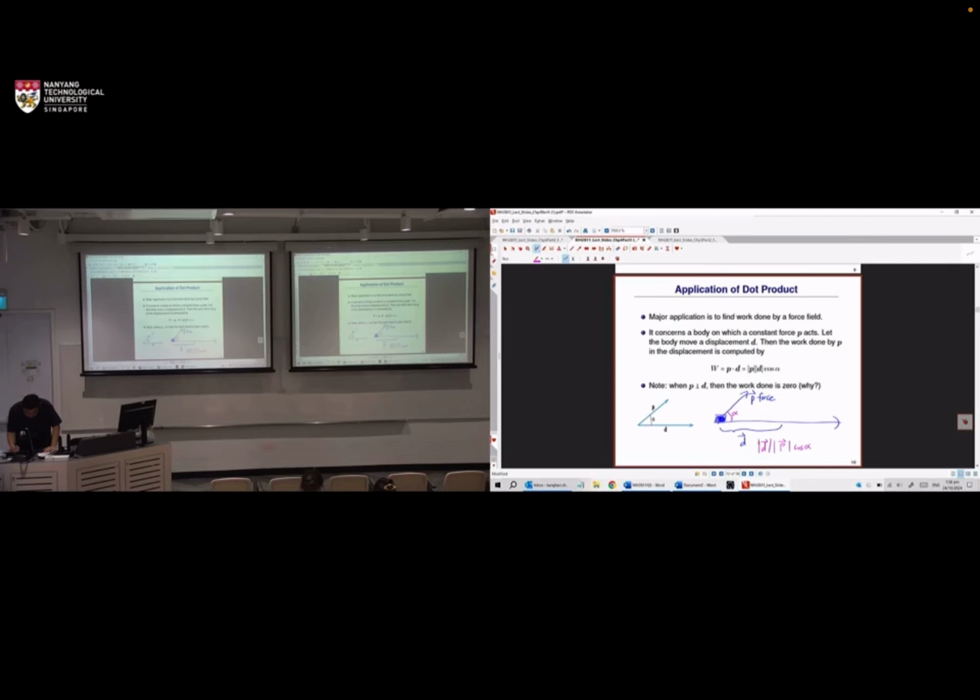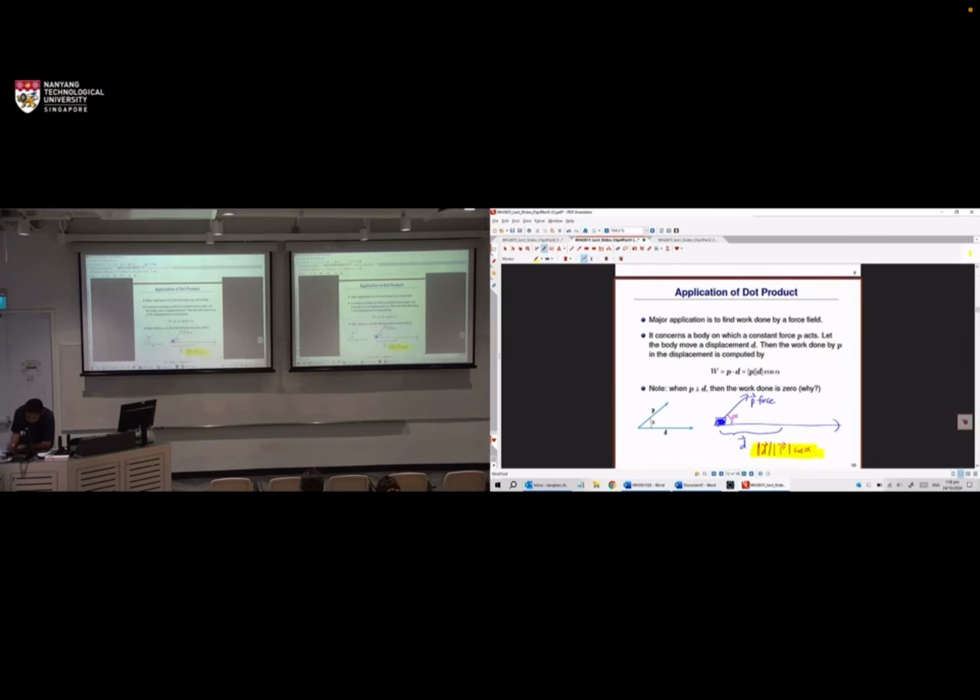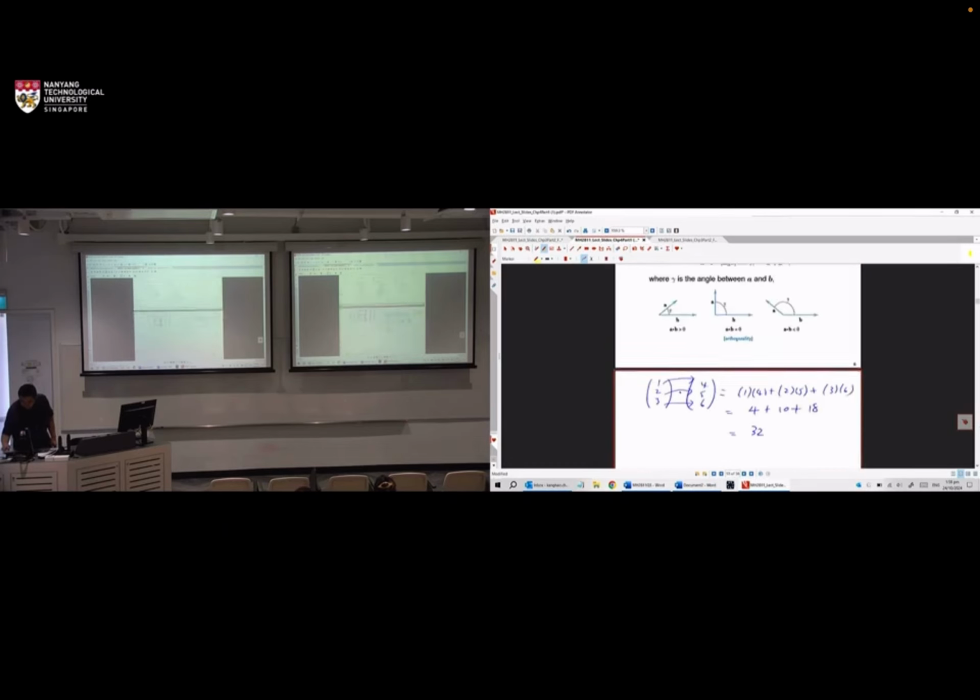This one is modulus. And this formula, if you still remember what I have just gone through with you, is actually the same as writing vector P dot with vector D. That's why we have this formula over here, because you go back to dot product.